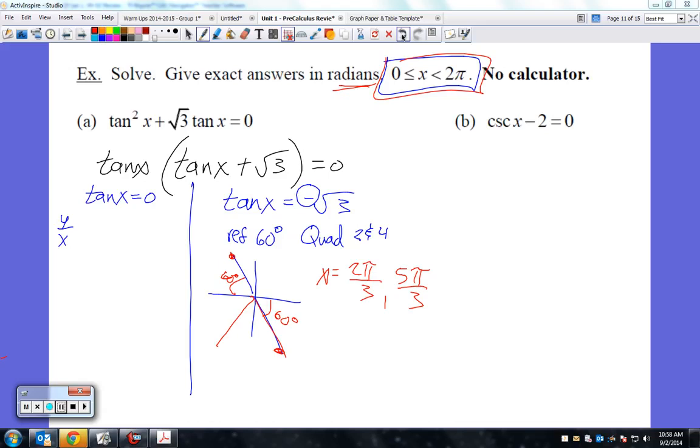Now, those 2 are answers, but I'm not done because I still have a couple more answers. When does the tangent of x equal 0? Now, tangent's y over x. When y is 0. Y is 0 at what points? 0.